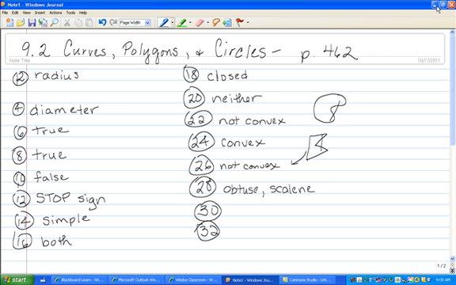No. Okay. All right. Number 30, we have an isosceles triangle, and it looks like all of the angles are acute. In 32, we have one obtuse angle, so that's another obtuse, and it is isosceles because two of the sides have the same length.